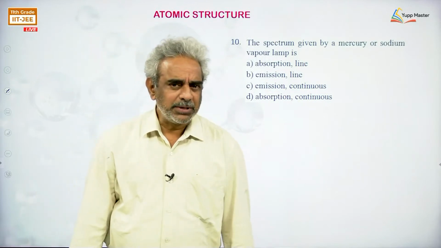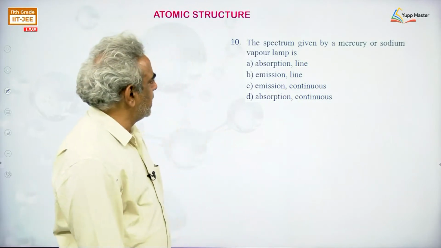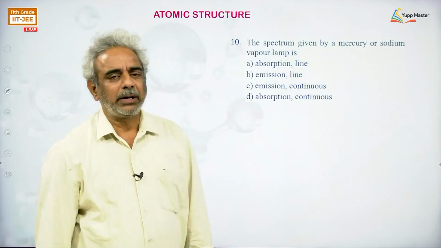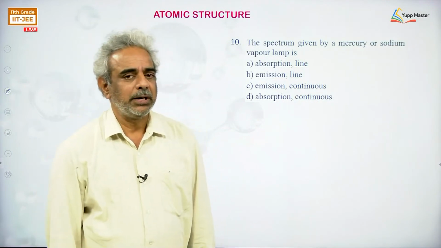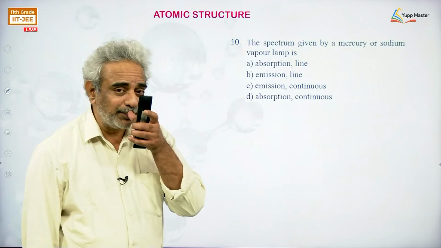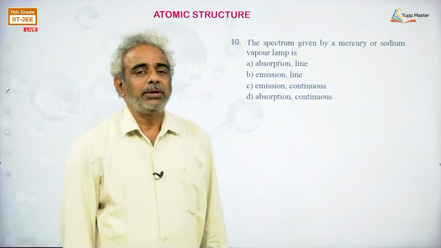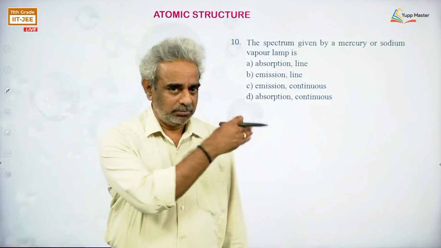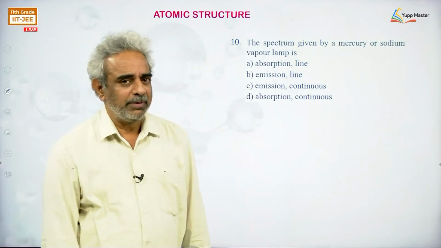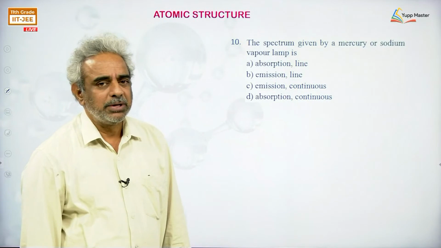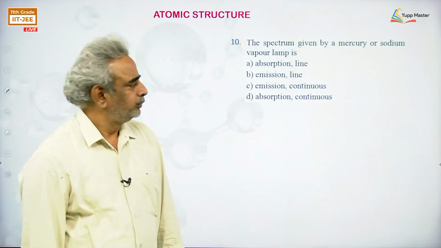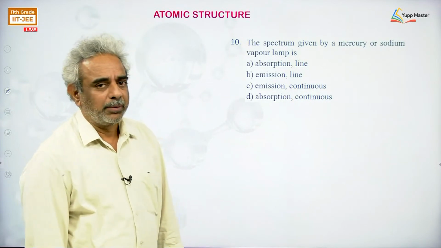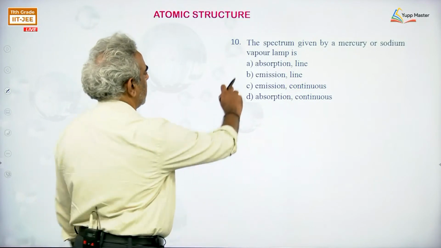Once a free atom is there and it is excited, it gives emission spectrum. Vapor means excited, so it gives an emission spectrum. Because it is atom, it will give line spectrum. Atoms give line spectrum. We have seen sodium spectrum, I think in previous class. Atoms give line spectrum, molecules give band spectrum. So, emission and line.